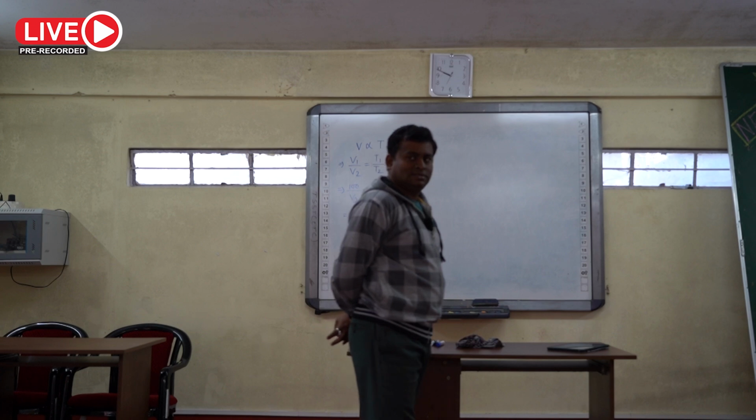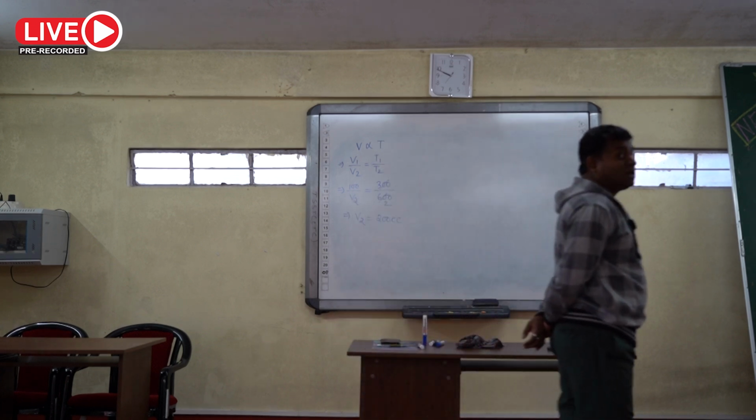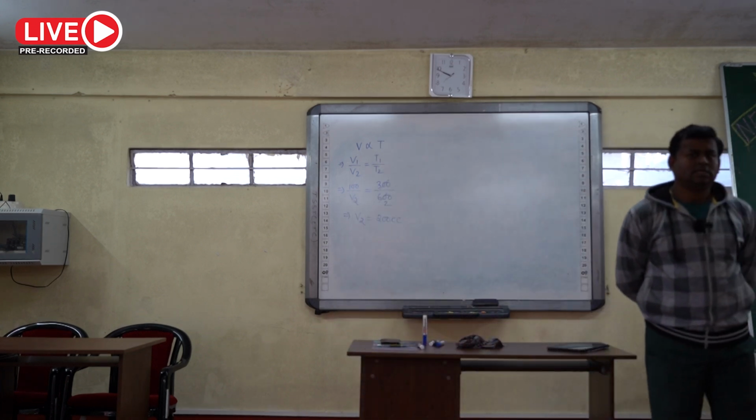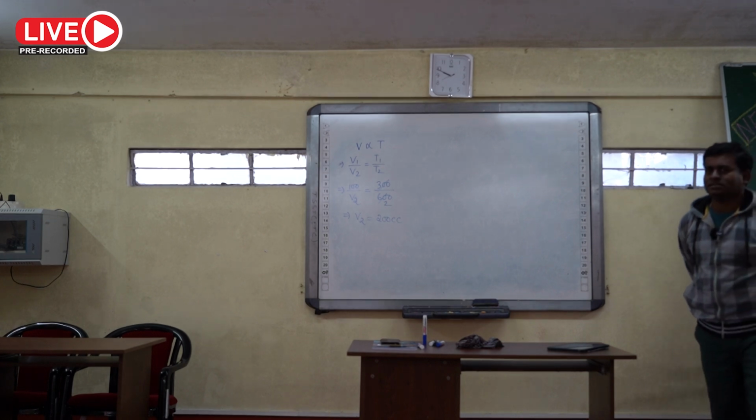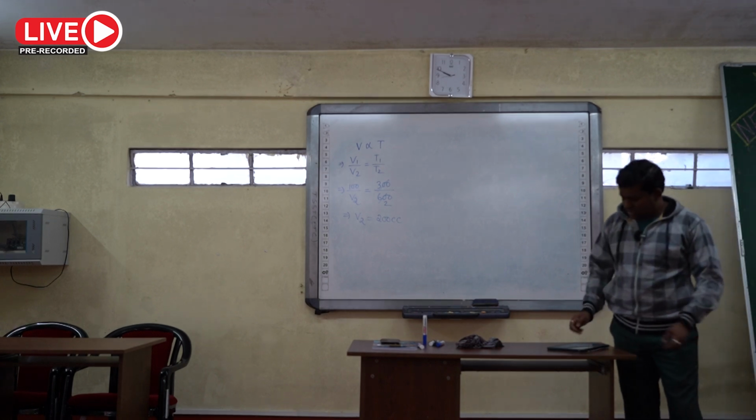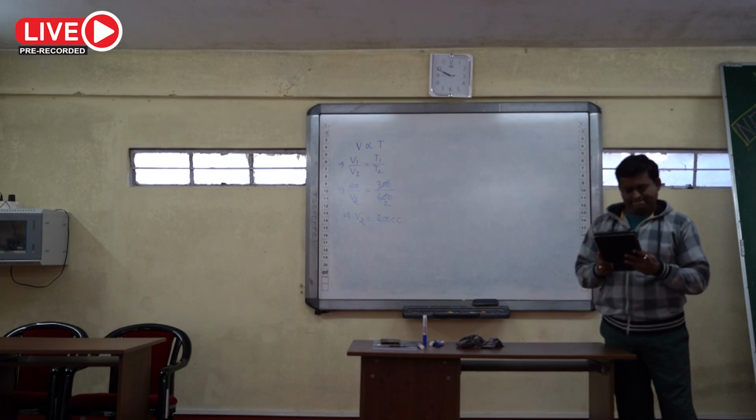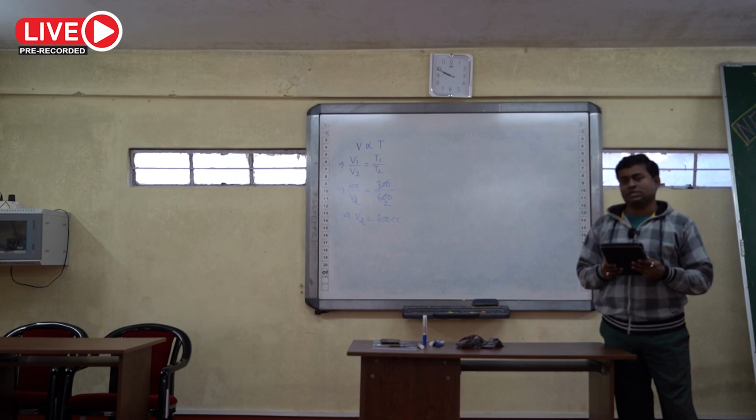Root 41 is there, and the power of 10 is 10 to the power 3 or 10 to the 6? 6. Only 41 is inside the root. Root 41 into 10 to the power 6 meter per second.